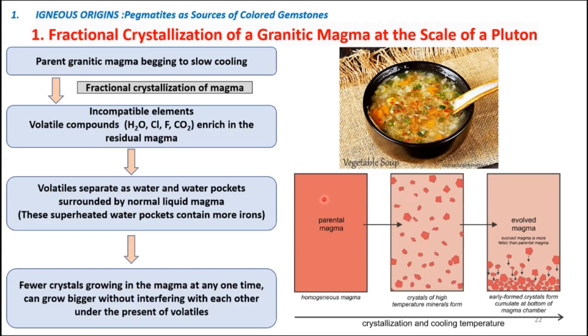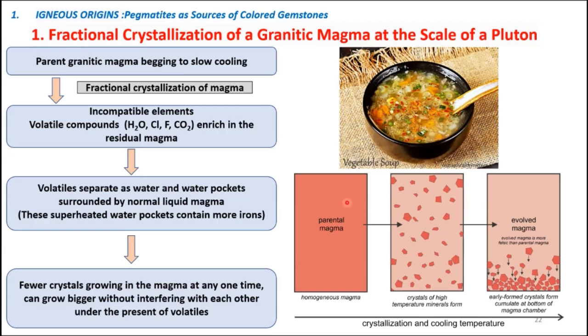Incompatible elements are mainly elements having a large ionic radius, or sometimes a high charge. We call them high field strength elements, like zirconium, niobium, hafnium. Others have a large ionic radius, especially group 1 elements, the large ion lithophile elements, like potassium, rubidium, strontium.